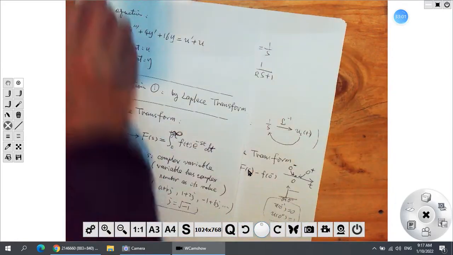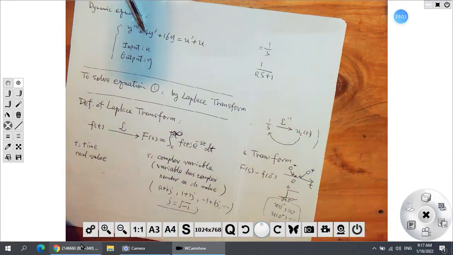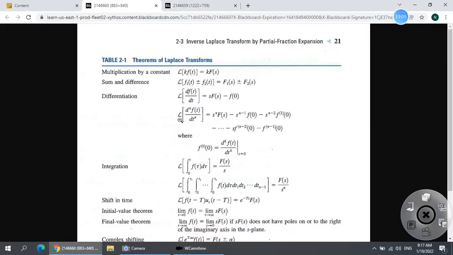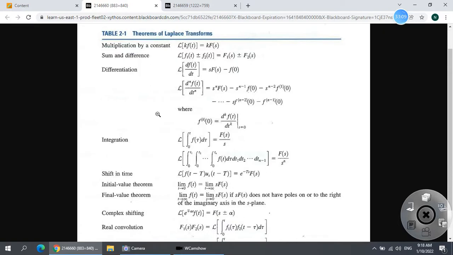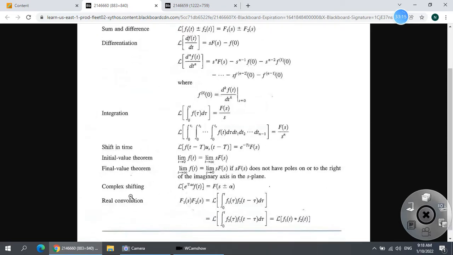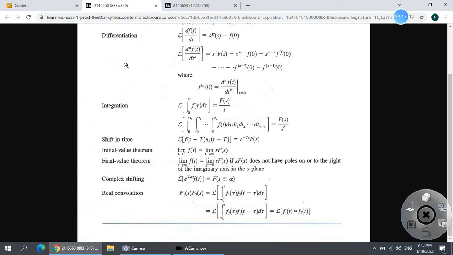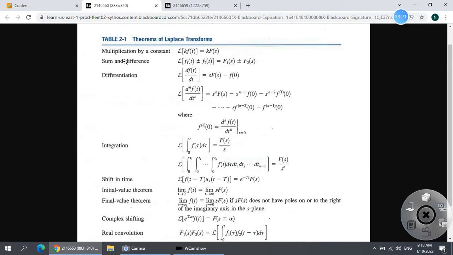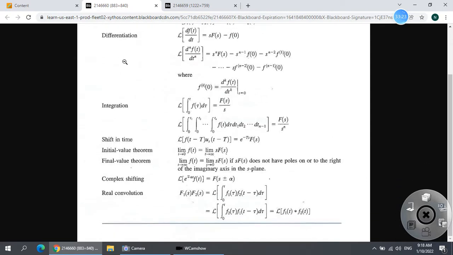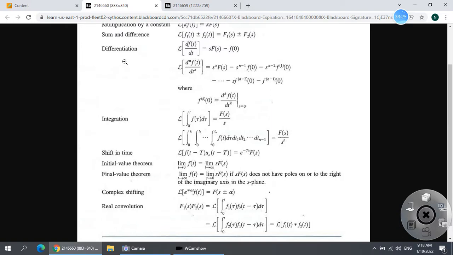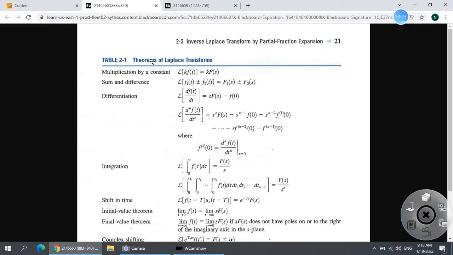Okay, so this is one of the properties in the table. We just use this, and here we have more, not just this. You see, 1, 2, 3, 4, 5, 6, 7, 8, 9, 10. There are 10 properties, or 10 formulas, right?